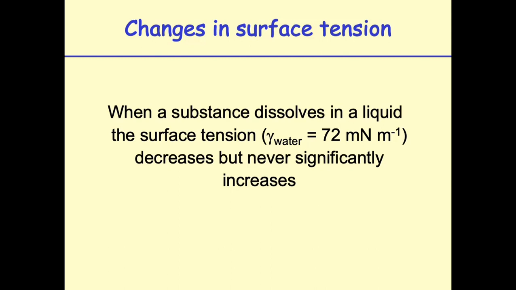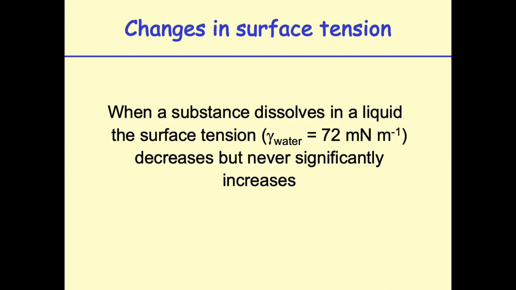Then the pin suddenly was unable to be held up by the water. And so the surface tension had dropped too low. So we know that you can add material to a surface that will significantly lower surface tension. But you can't add anything to a liquid that will significantly increase surface tension. So it will decrease surface tension, but never significantly increase surface tension.